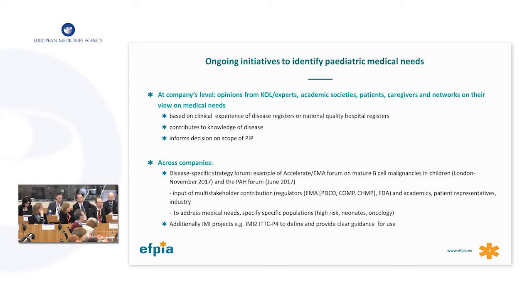Across companies, I would like to highlight the interest of disease-specific strategic forums, the example of the Accelerate EMA forum on mature B-cell malignancies, which Gilles spoke about, and also the Pulmonary Artery Hypertension Forum in June 2017.